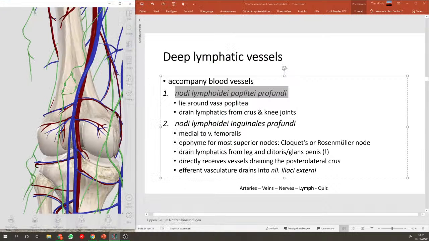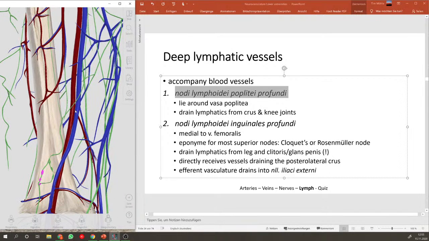So here you have the deep popliteal lymph nodes, which will drain the lymph from the crus, the lower leg, and also the knee joint. Now they will continue proximally, together with the femoral vein and artery.